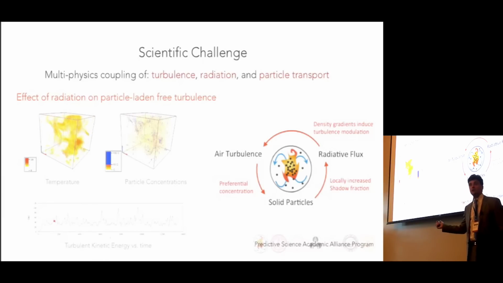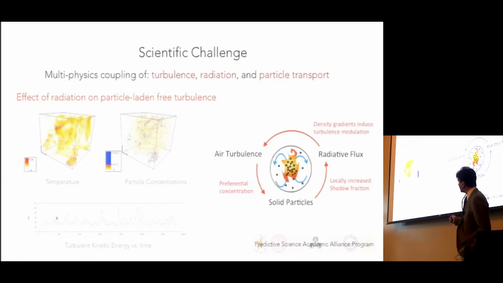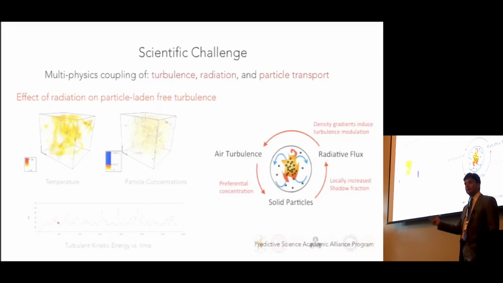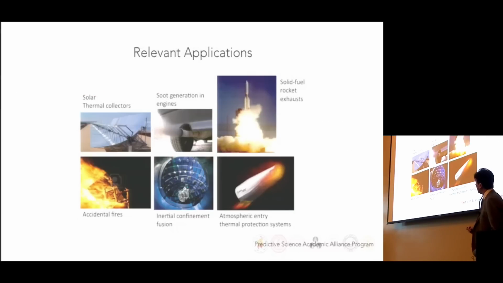This is the first demonstration of this process that was done early this year, and it's actually interesting that changing the property of the particle changes this picture completely, and sometimes the turbulence decays. So it's an interesting scientific challenge. These are very complicated calculations. They are not just related to solar thermal devices, they have very broad industrial application, including things that are much more in line with some other research patterns that we had in the past.